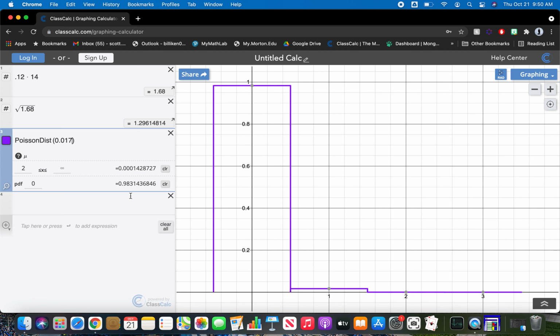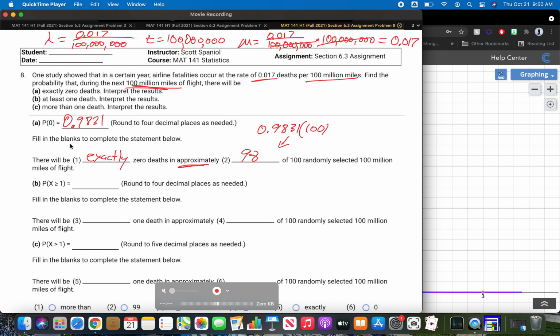And then you just multiply 0.9831 by 100 and round, and so that's 98. 0.9831 times 100 is 98 out of every 100 randomly selected 100 million miles of flight will have 0 fatalities. Okay, no one will die. Once again, I didn't bring this up so you can't see what I wrote. So there will be exactly 0 deaths in approximately 98 of every 100 randomly selected 100 million miles of flight.